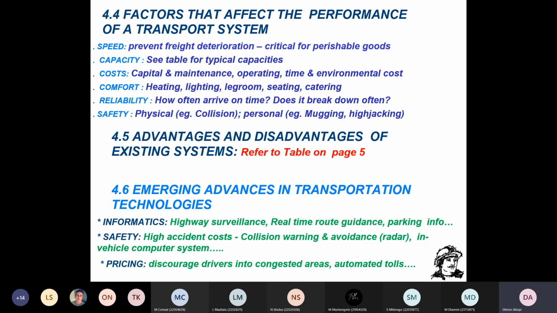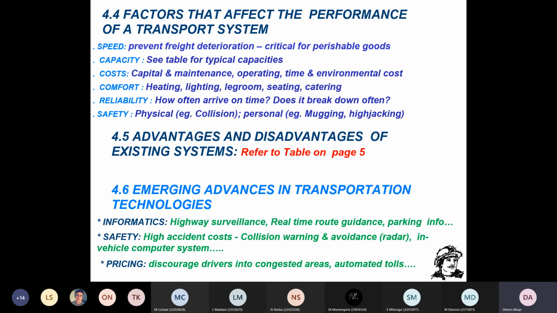Then we move on to emerging advances in transportation technology. Now, when we talk in terms of emerging advances, how did transport technology advance over the years?